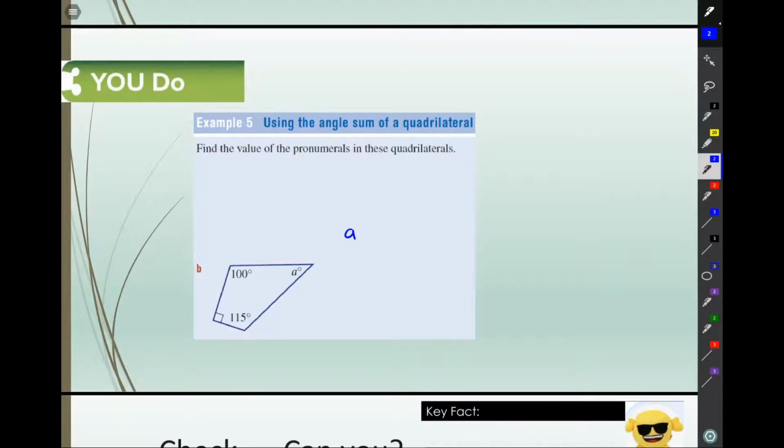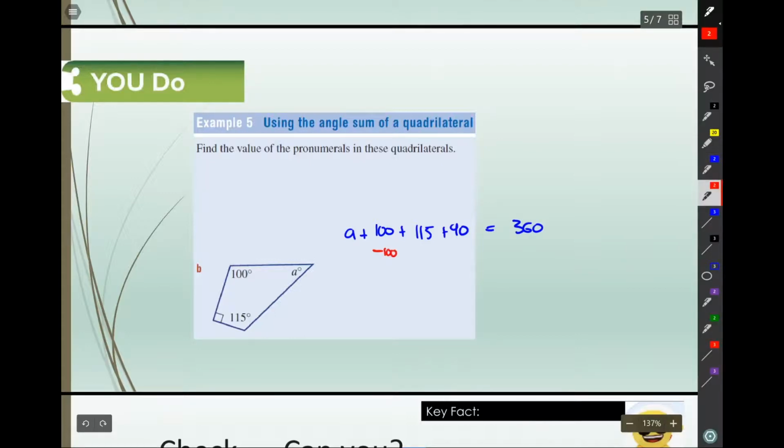Right, again, we just take A and we add all the angles that we know, and that has to equal 360. And we find the answer by subtracting. I am okay with you skipping straight to this step, instead of writing this first line down.